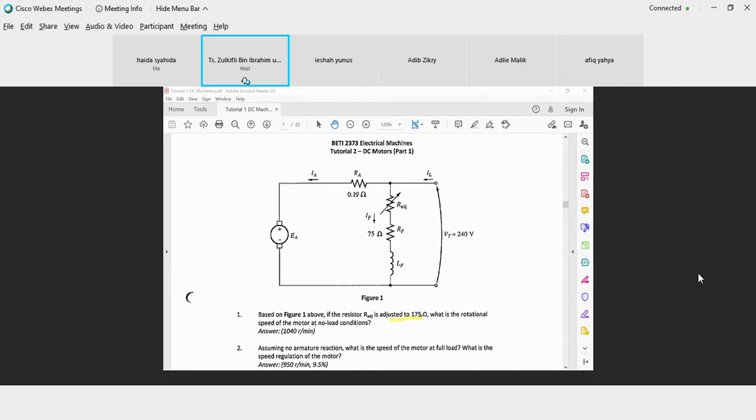So you know macam mana nak dapatkan the speed of the motor. So how to relate this?